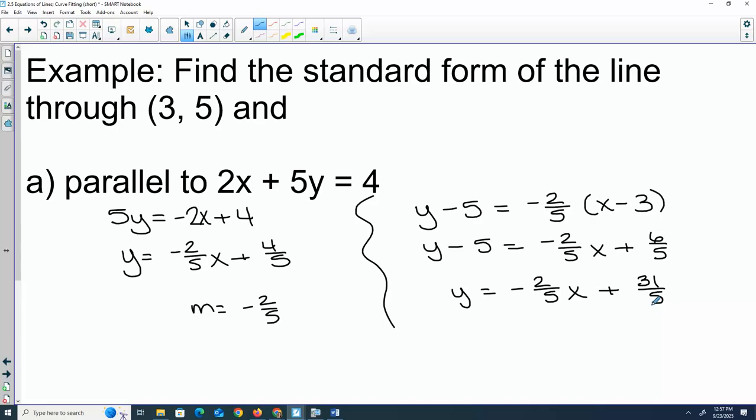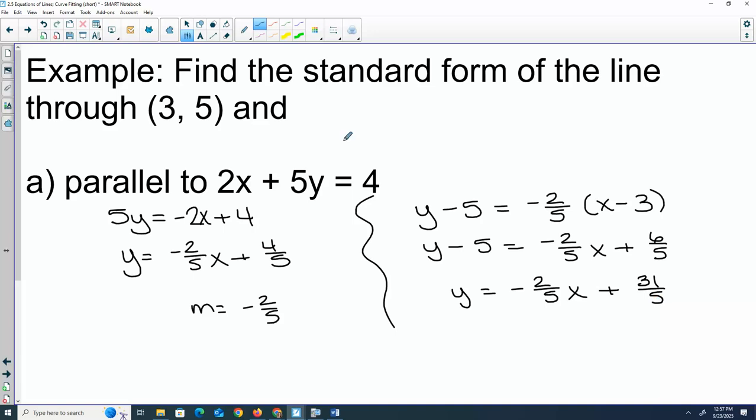So no matter which way we do it, we should get to this point: y equals negative 2/5 x plus 31/5. Is that my final answer? What did I ask for? Standard form. Okay, we never go directly to standard form. We get slope-intercept and then we put it in the form we need.